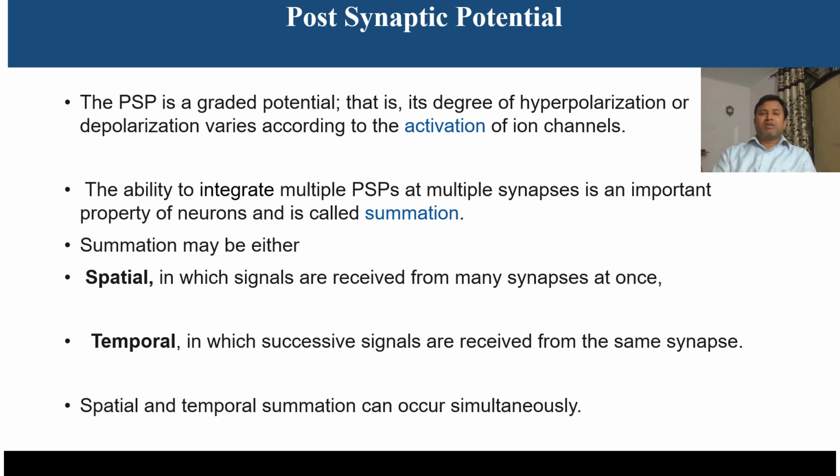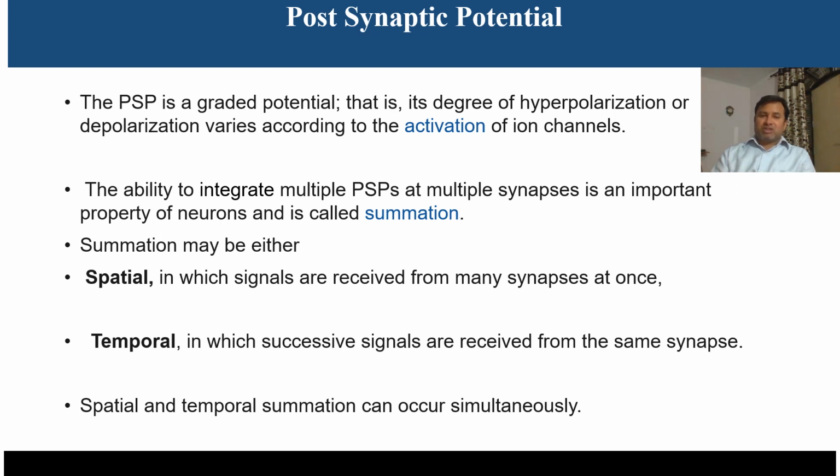Now come to the topic postsynaptic potential. Postsynaptic potential is a graded potential, that is, its degree of hyperpolarization or depolarization varies according to the activation of ion channels. The ability to integrate multiple postsynaptic potentials from multiple synapses is an important property of neurons, and it is called summation. Summation is of two types: spatial summation and temporal summation.